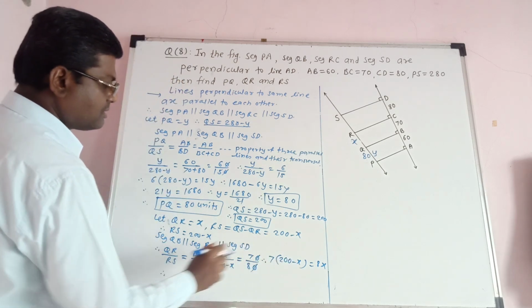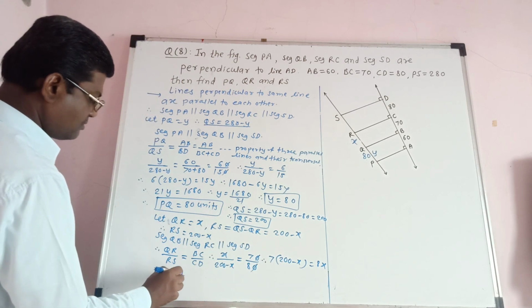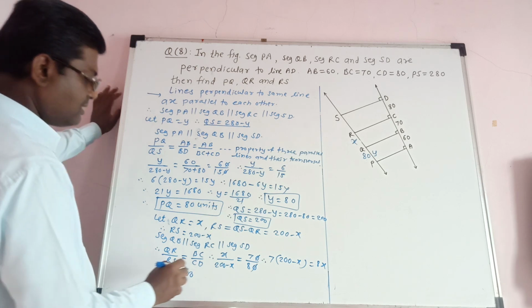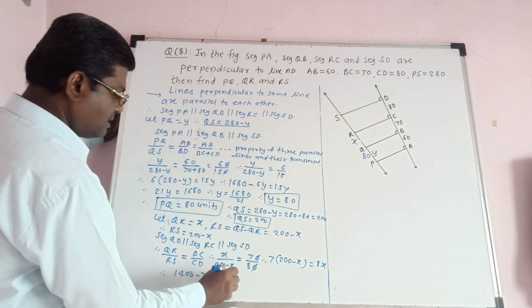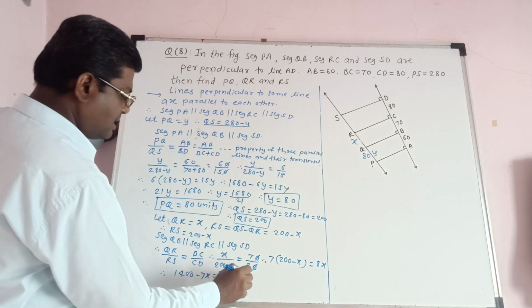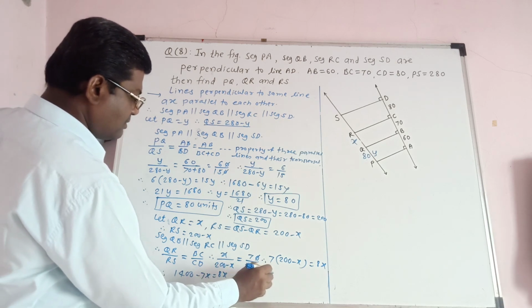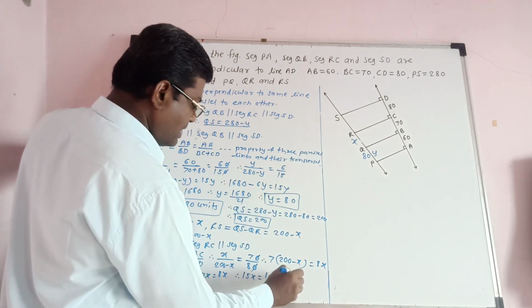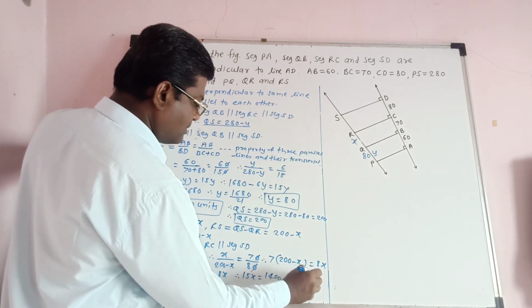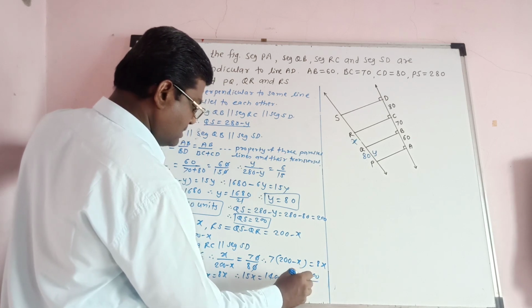Therefore 7 into 200, that is 1400, minus 7x is equal to 8x. Therefore 15x is equal to 1400. Therefore x is equal to 1400 upon 15.